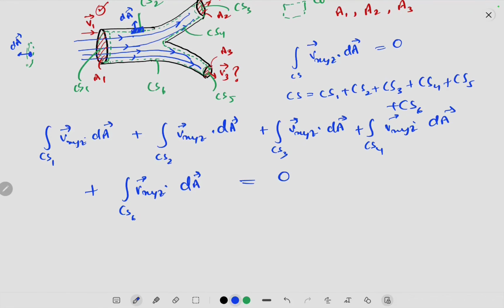Now what is vxyz? It is the velocity of the fluid on the control surface or across the control surface with respect to the control volume.